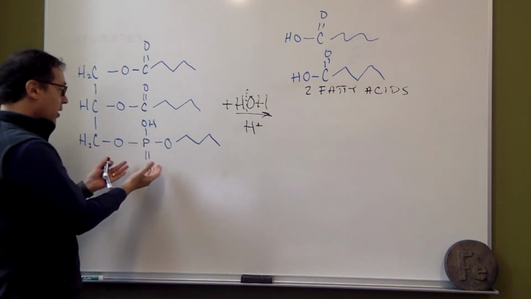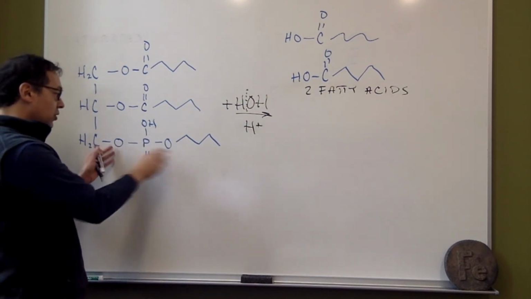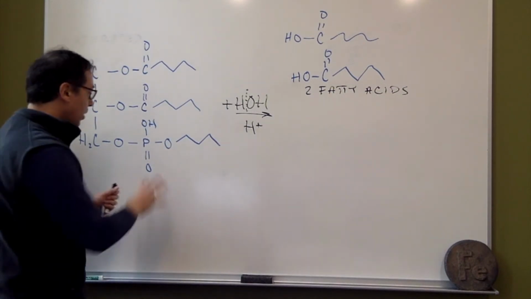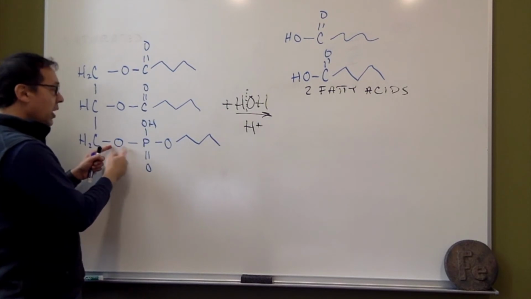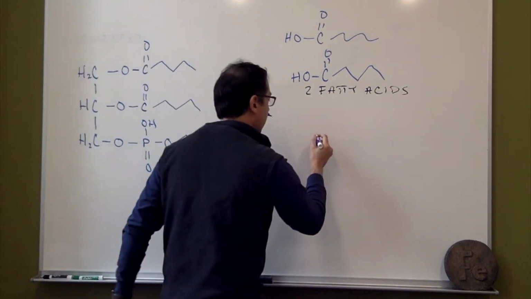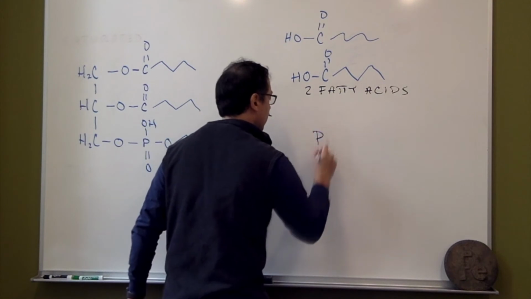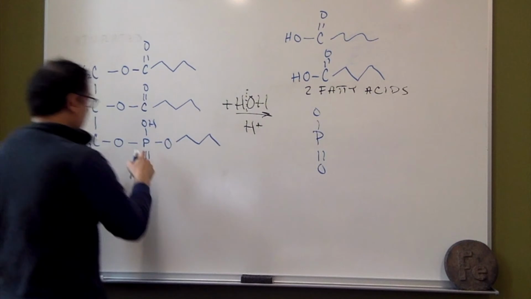Now when we break apart our phosphate diester, there's 2 ester linkages here. We're going to end up here with our phosphate group forming OH bonds, just like we did here. Okay, so that's going to give us our phosphate here, phosphate double bond oxygen, just like that. So that's this right here.